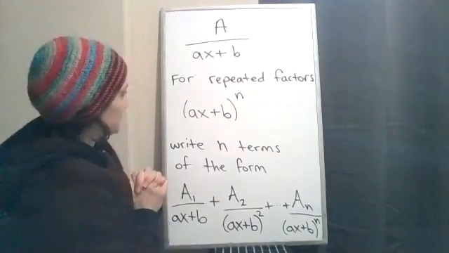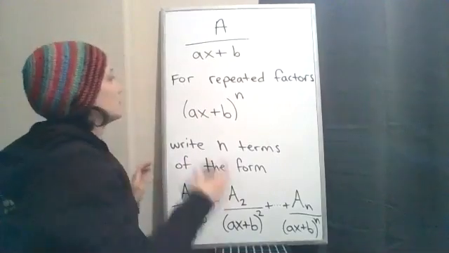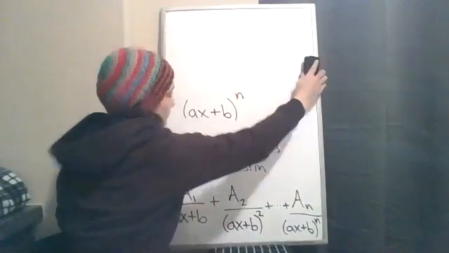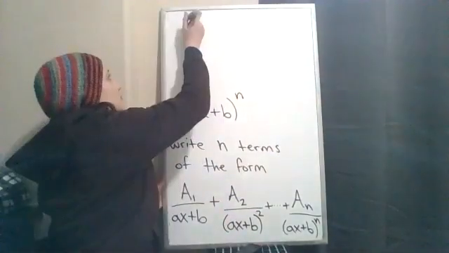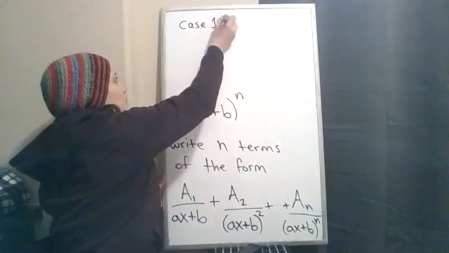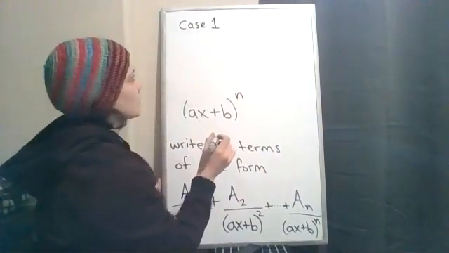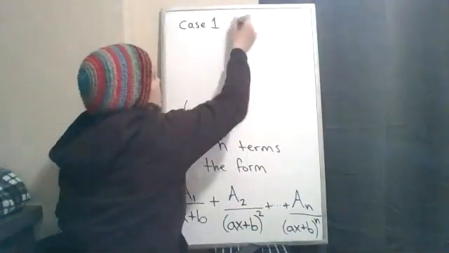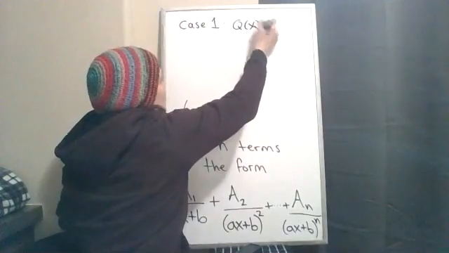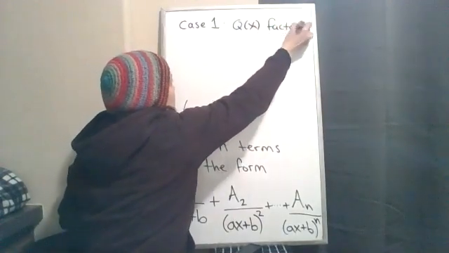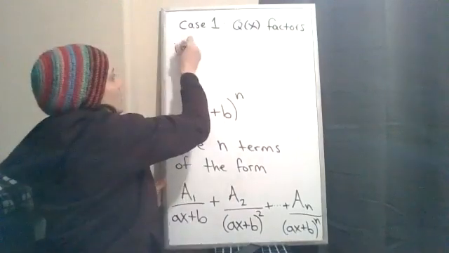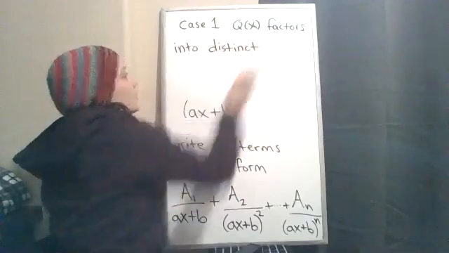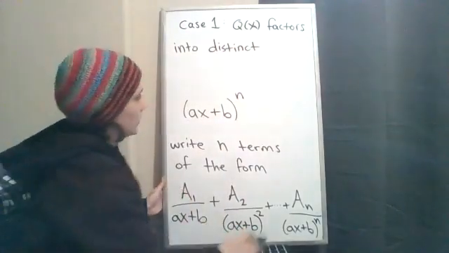First one. The denominator, which we called q of x, factors into distinct linear factors.